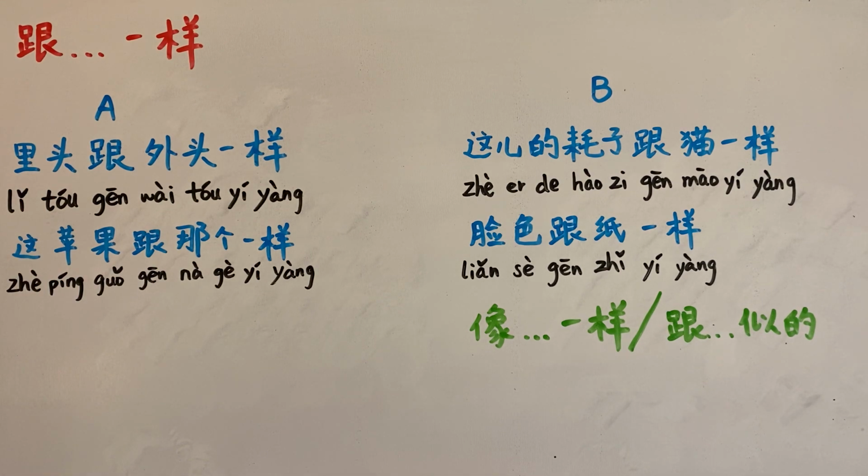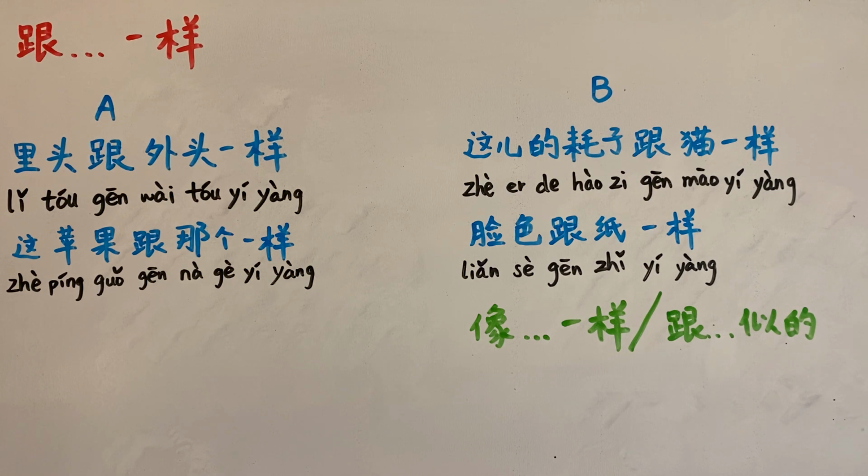A comparison, whether you want to compare the shape, the color, the taste. It's a comparison between basically two same things. This apple, that apple, two same fruit. 里头跟外头一样. Inside is like outside, or inside is just like outside. 跟外头一样.